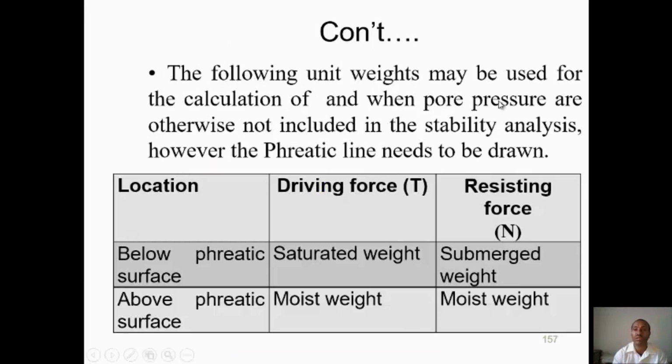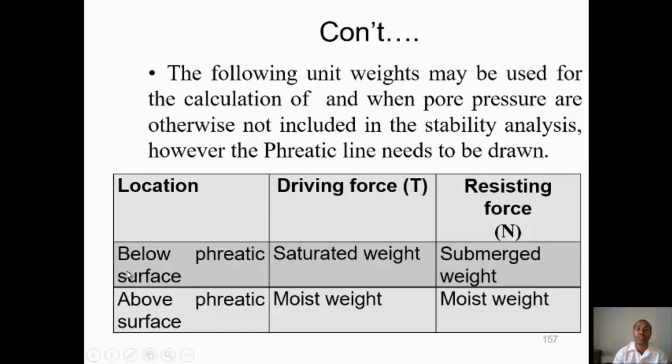So the following unit weights may be used for the calculation of the factor of safety when pore water pressures are otherwise not included in the stability analysis. However, the phreatic lines need to be drawn.